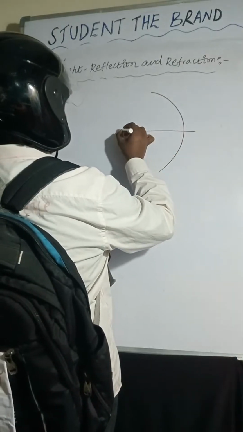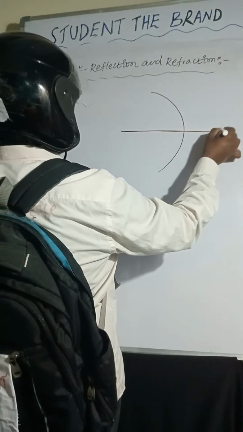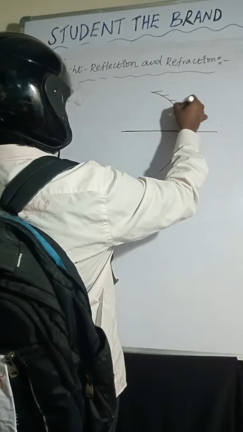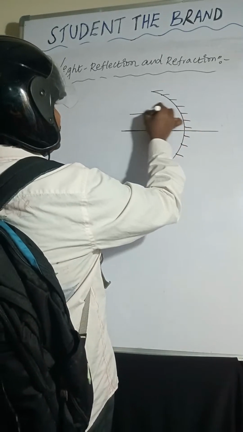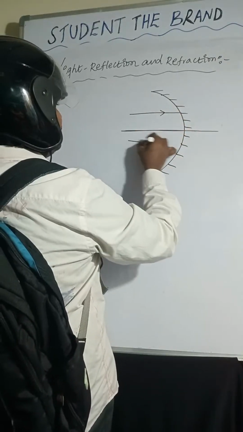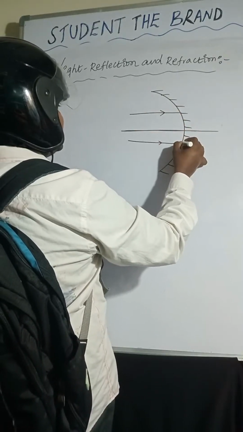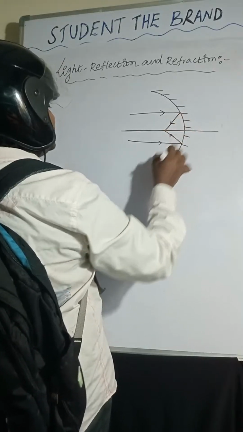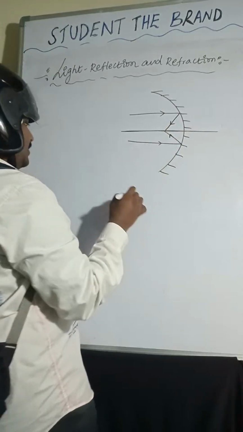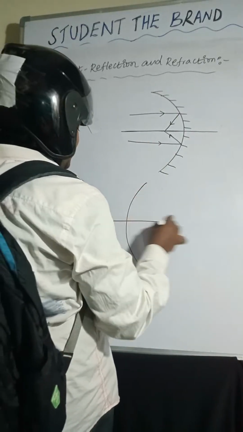A concave mirror is also known as a converging mirror, whereas a convex mirror is known as a diverging mirror. After reflection, light rays move towards the principal axis in a concave mirror, that's why it is called a converging mirror.